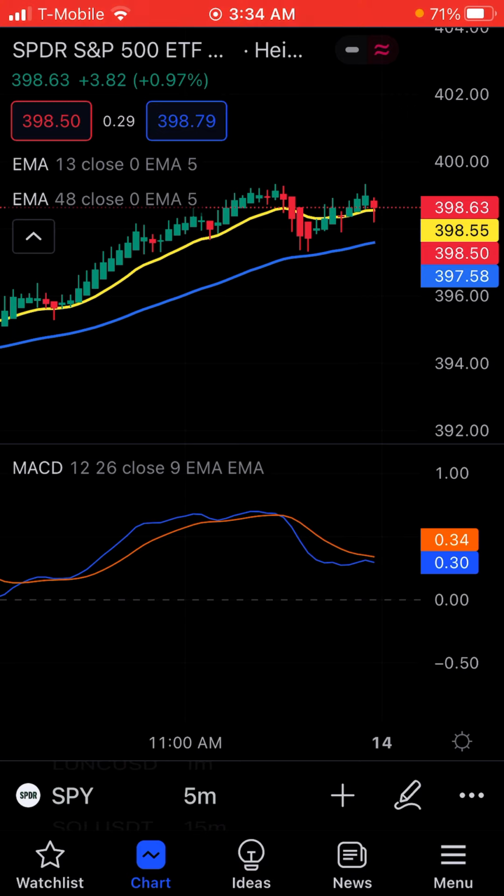to do this effectively, if you want to use just the 1348, you have to check to see if the 1348 is either crossing down or crossing up. If the 1348 is crossing down and the MACD has already crossed down, then that's a good signal for doing an option there.